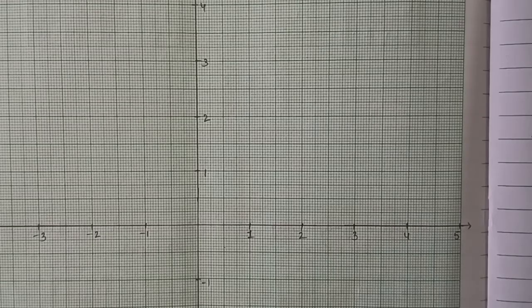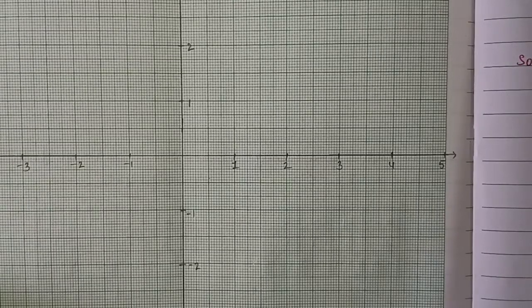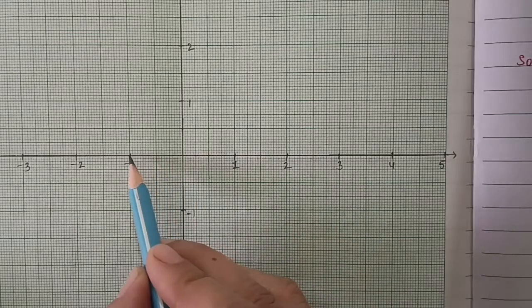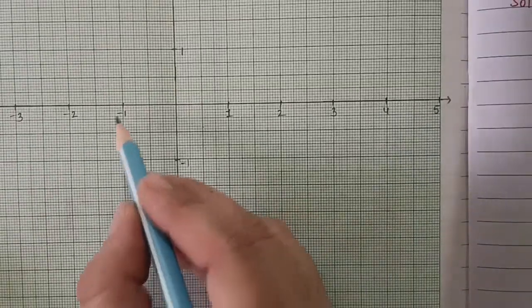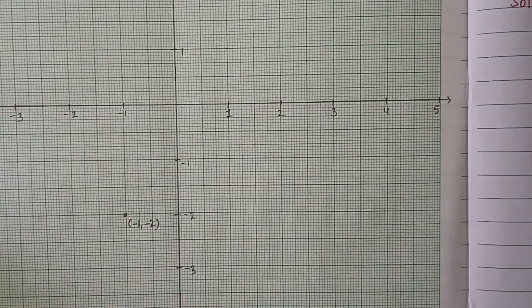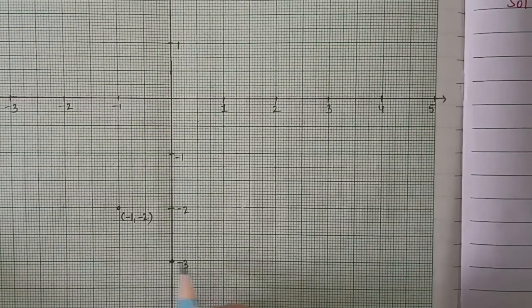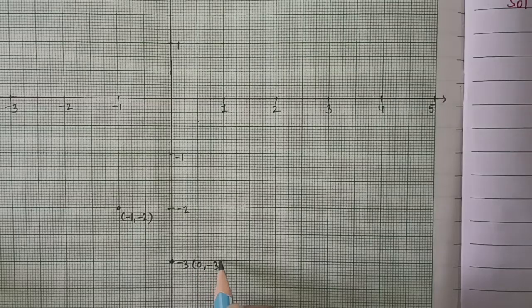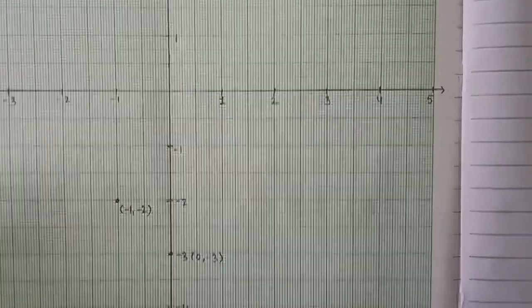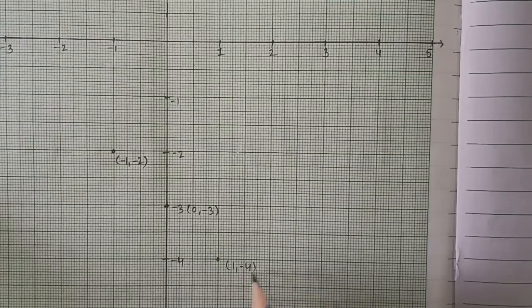The first point is 0 comma minus 3. Then minus 1 comma minus 2. This is our first point, minus 1 comma minus 2. Second point, 0 comma minus 3. And the third is 1 comma minus 4, which will be down here.